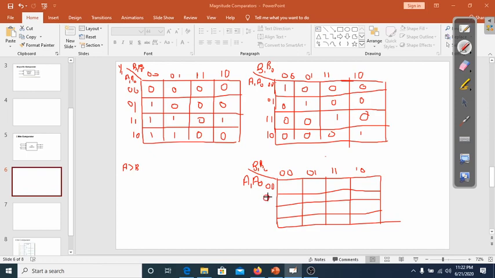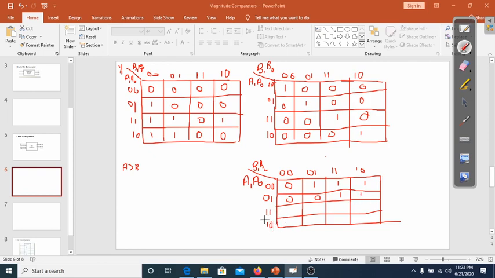So when A is 0 and B is 0, this would be 0. Here B is 1 and A is 0, so this is 1. Here B is greater than A, this is 1. Here A is 0 0 and B is 1 0, so I will plug in 1 here. Here A is 0 1, B is 0 0, I will plug in 0 here. Here A and B are equal, so I will plug in 0. Here B is greater than A, I will plug in 1 here.